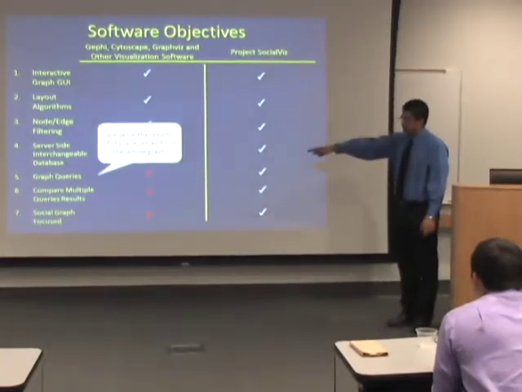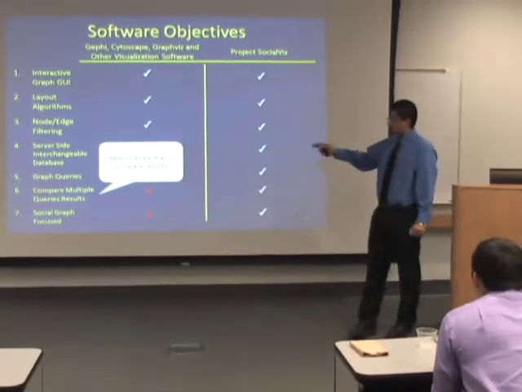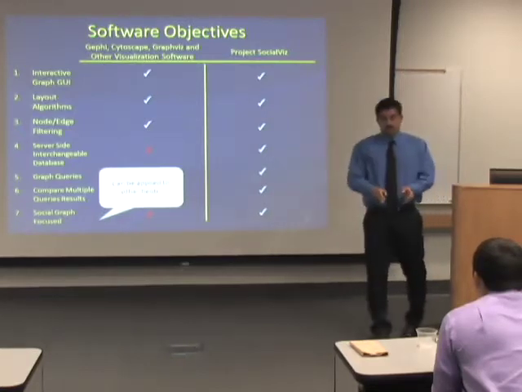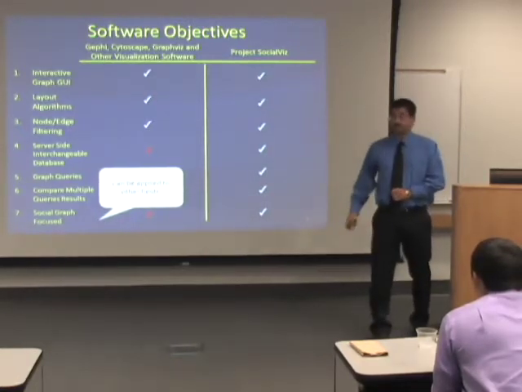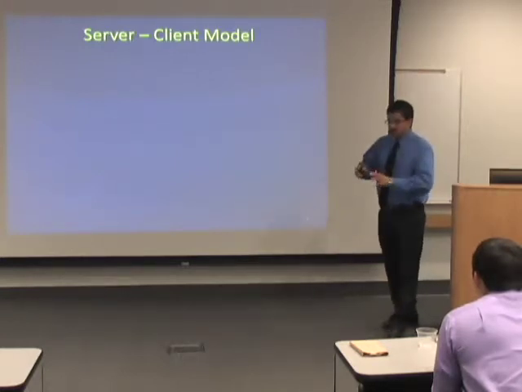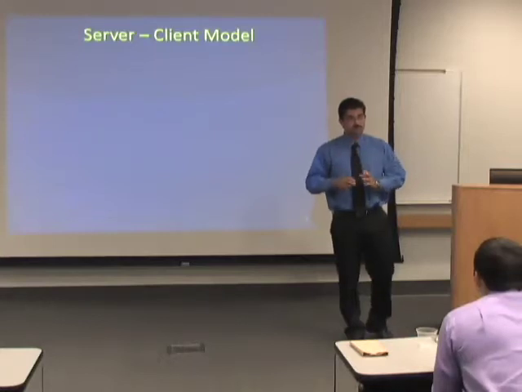Also, you'll be able to graph queries, which I will talk about in a little bit, and compare multiple query results, which you will see also, and it's going to be social graph focused. But that doesn't mean we can't apply it to other things. So, let me remind you, we're dealing with complex, huge networks. We have millions of nodes and edges to analyze.